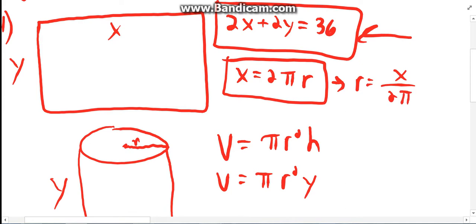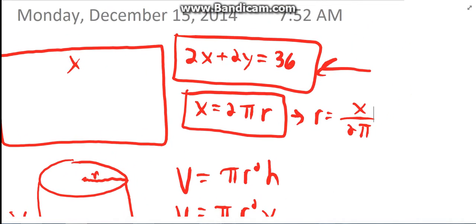And y is 18 minus x. And again, the tricky part of this usually isn't the calculus. The derivatives are usually relatively easy. It's getting to the equation, simplifying it, and solving for the critical numbers.